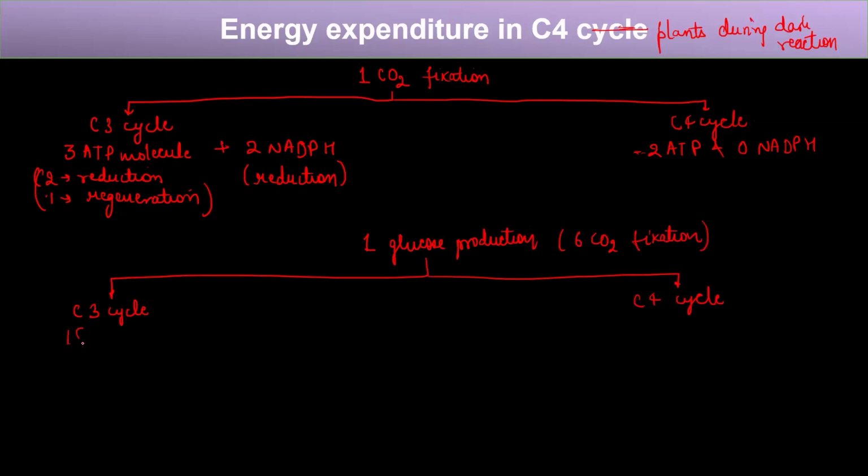So it will require 18 ATP molecules and 12 NADPH, right? Out of 18, 12 will be from reduction, 12 ATP for reduction, and the rest will be for regeneration. Now in the case of the C4 cycle, because one carbon dioxide fixation requires 2 ATP, 6 carbon dioxide fixations will require 12 ATP molecules.